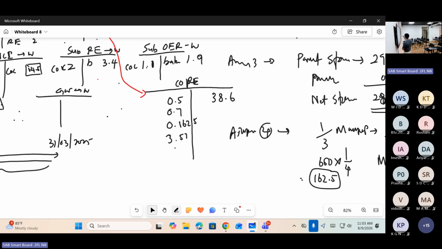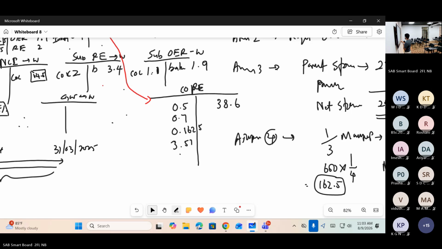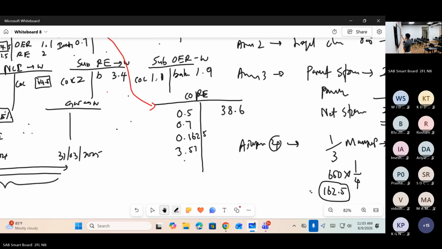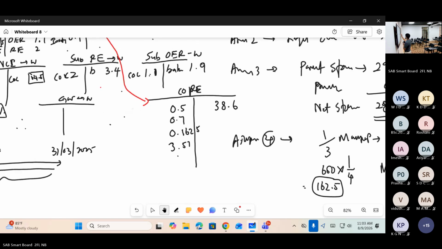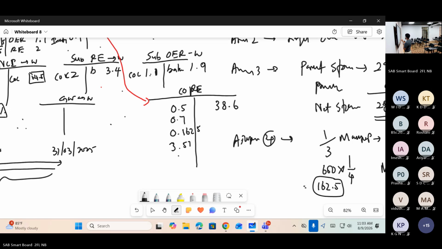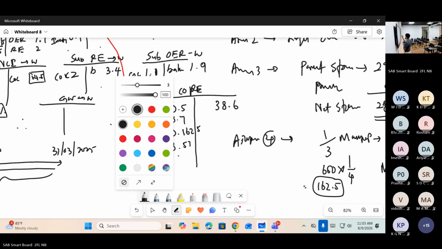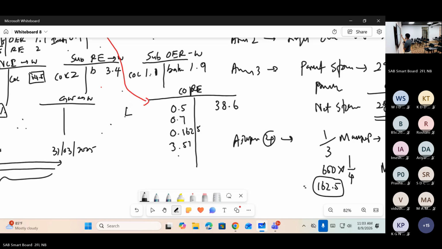Yeah, legal charges, right? What is this? Stock provision. What is this? Unrealized gain. What is this? Inventory provision.